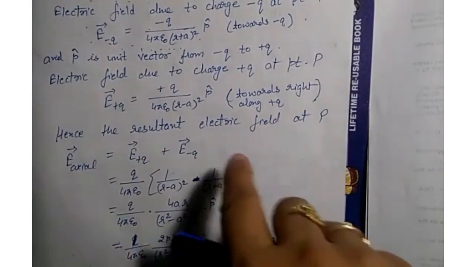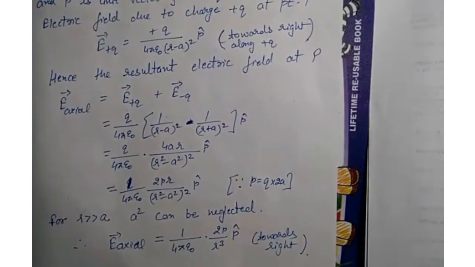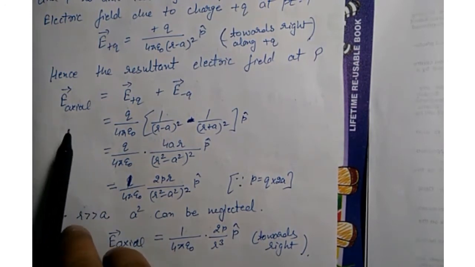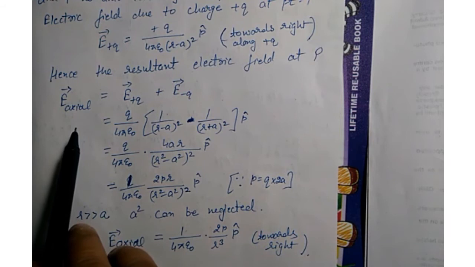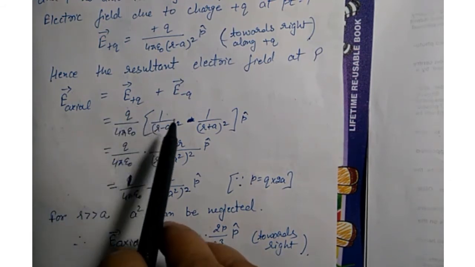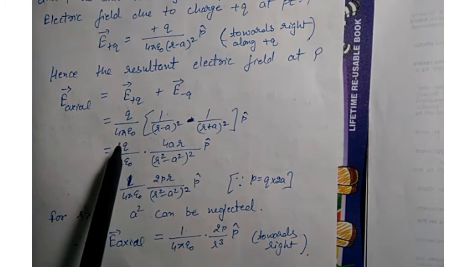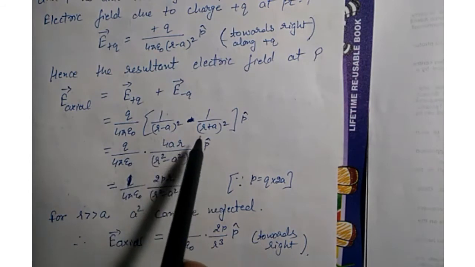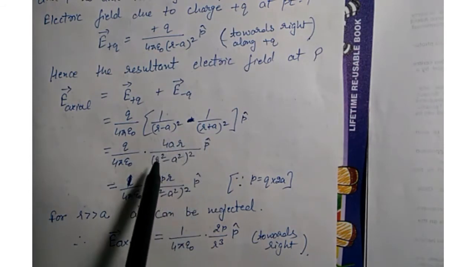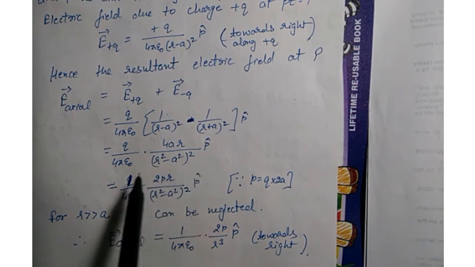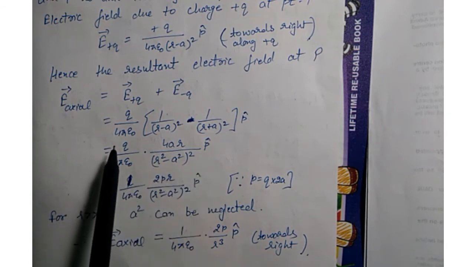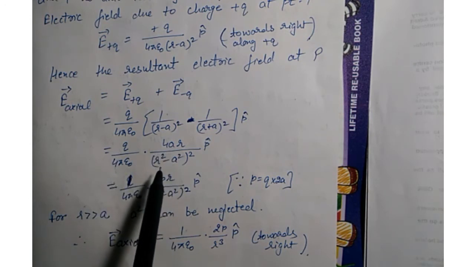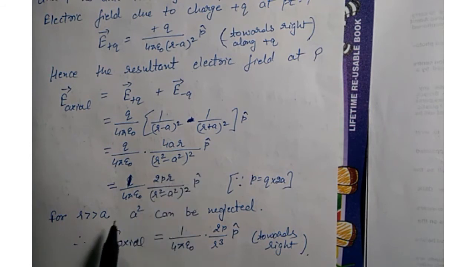Now, in order to find out the net resultant electric field, let us add these two fields. So, the total electric field along the axial point is E plus Q plus E minus Q. Q upon 4 pi epsilon naught is common, and adding the remaining terms, taking the LCM and solving, we are getting E axial is equal to Q upon 4 pi epsilon naught, 4AR upon (R square minus A square) whole square.